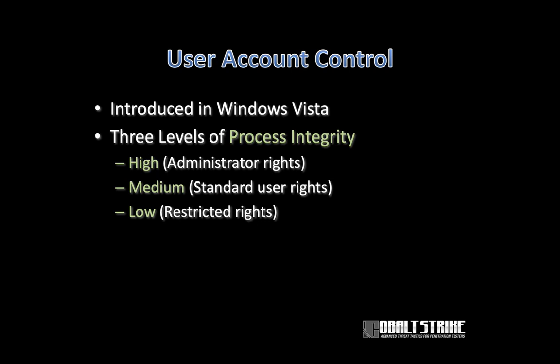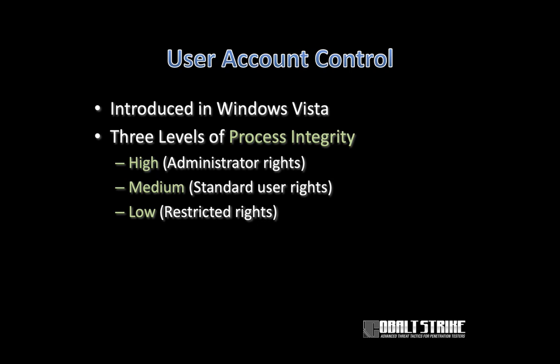One of the technologies in Windows that is part of its access control model is user account control. User account control is a collection of technologies introduced in Windows Vista to wean Windows XP users off of doing everything with an administrator account.